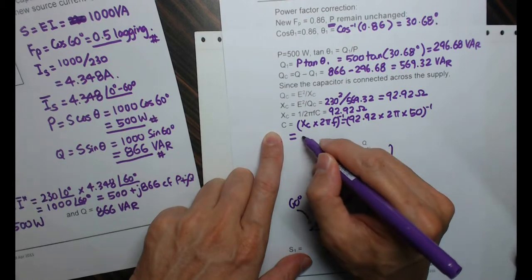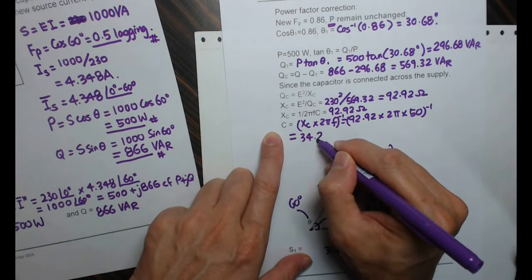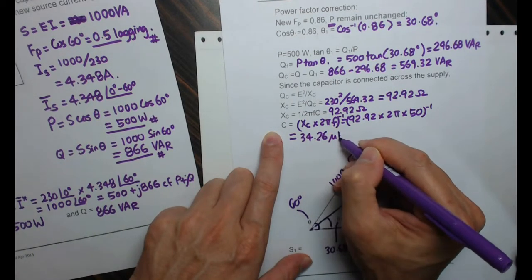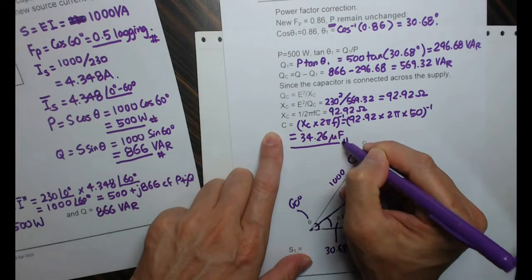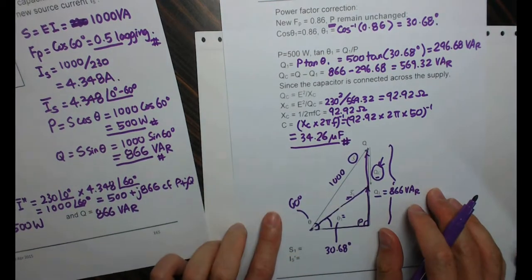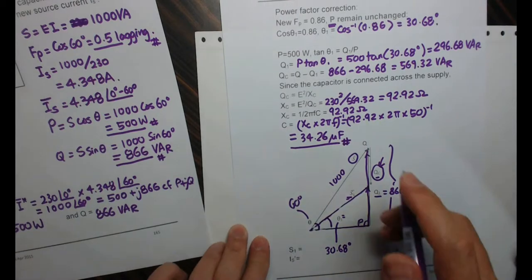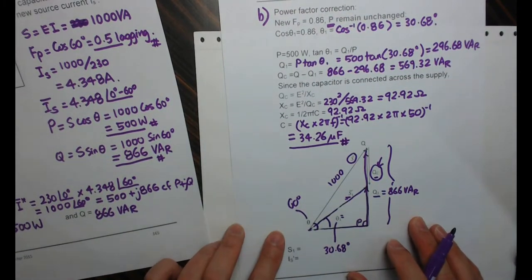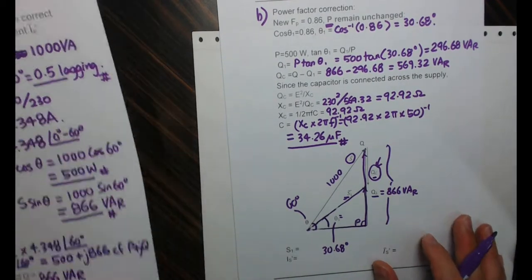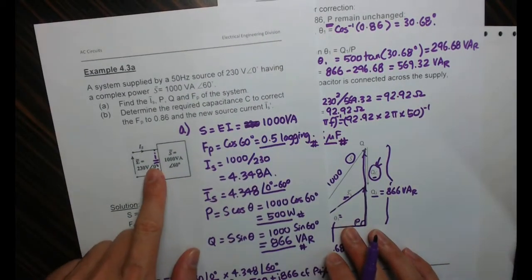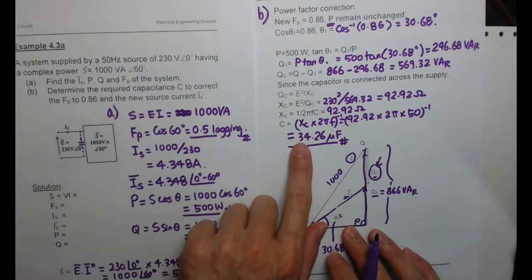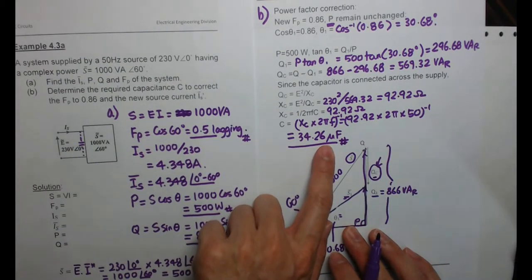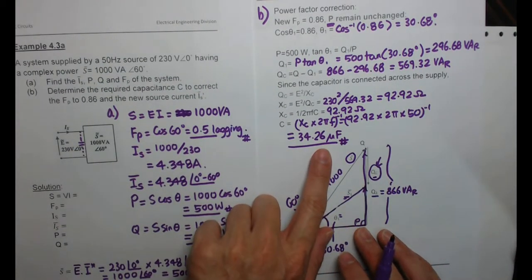That gives me 34.26 microfarad. Okay, so this one is for part B. So the amount of capacitance I need to introduce here is 34.26 microfarad.